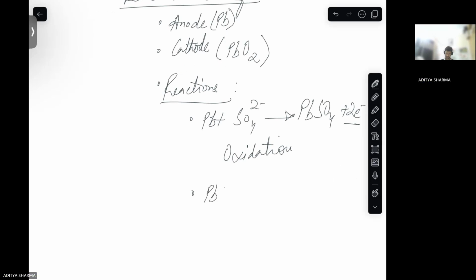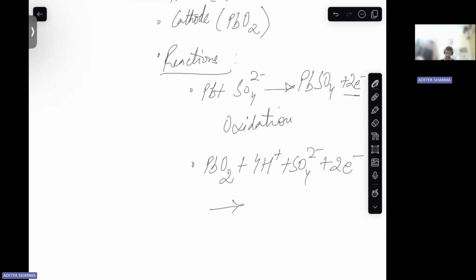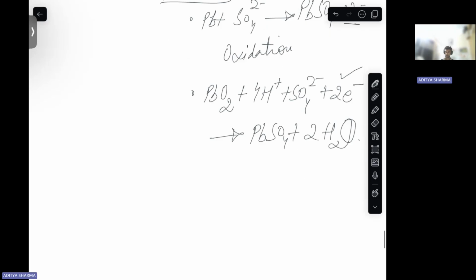Then at your cathode, lead oxide plus this plus electrons gives rise to this. This is your reduction reaction where your electrons are used to have the reaction.